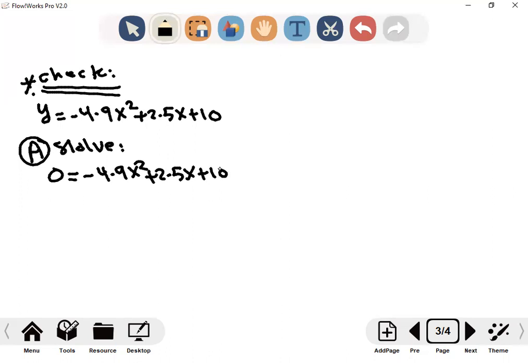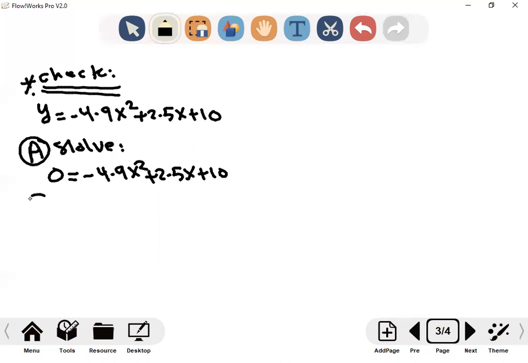So the question said in part A, we need to solve this equation. But if you think about dividing by negative 4.9, then factoring, this will take time, and it's kind of difficult because all the numbers are decimals except 10, right? So here what we need to use? The quadratic formula. So I will prepare a, b, and c.